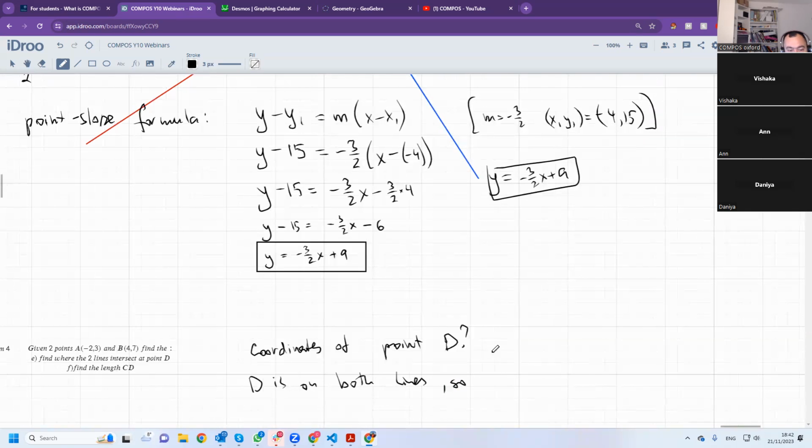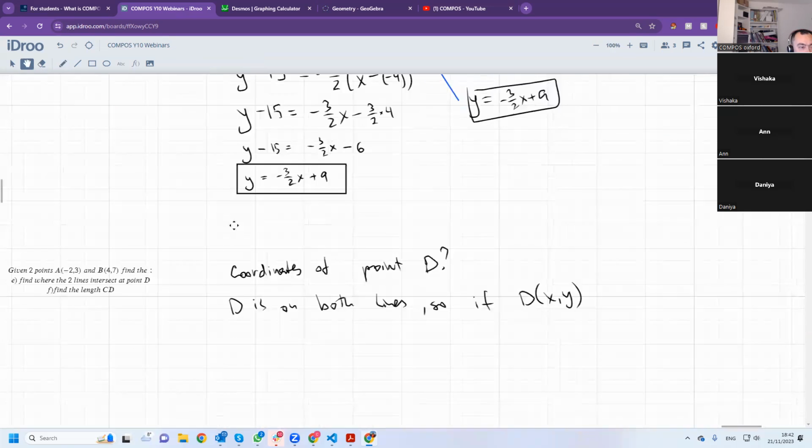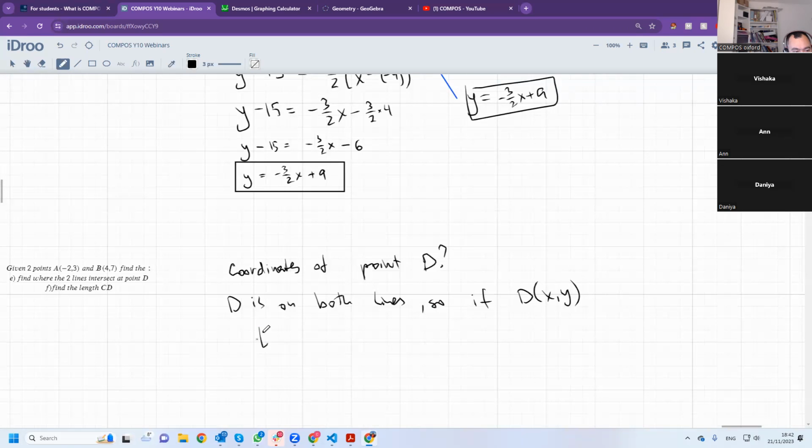So if D has coordinates x, y, then y is equal to 2/3 x plus 13/3, and y equals minus 3 over 2 x plus 9.